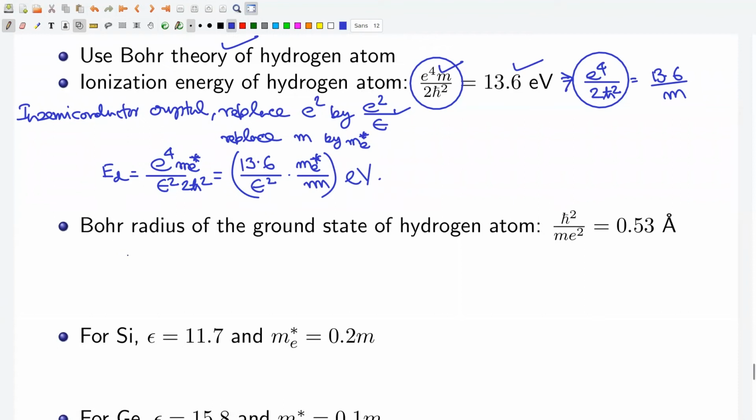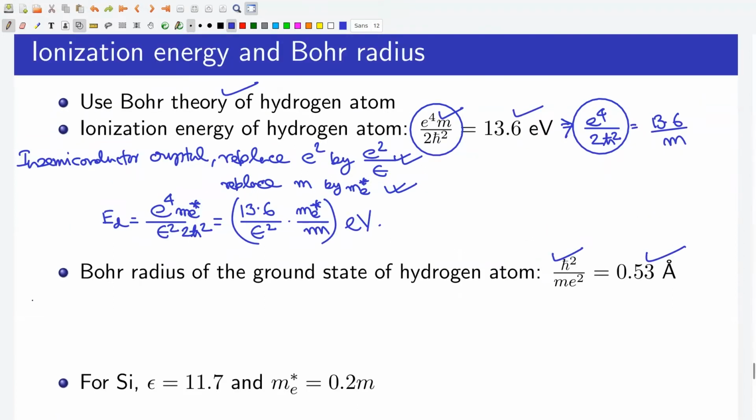The Bohr radius of the ground state of the hydrogen atom is given by h bar squared divided by m times e^2, which is equal to 0.53 angstrom. Again, we have to replace e^2 by e^2 divided by epsilon, and replace m by me*.